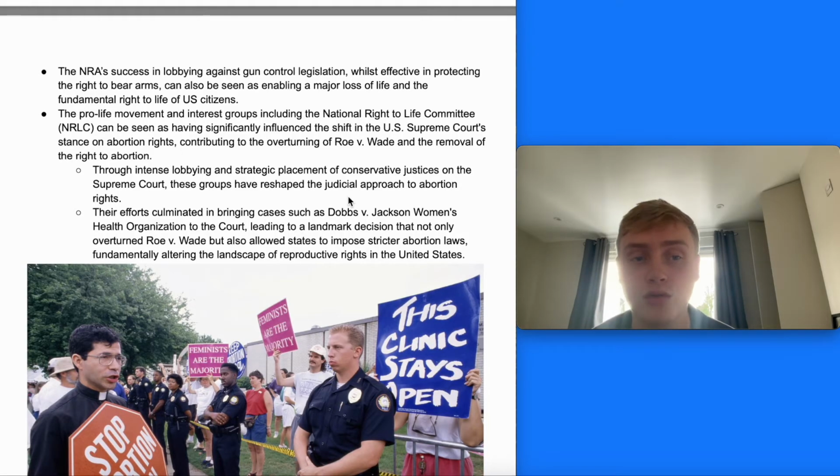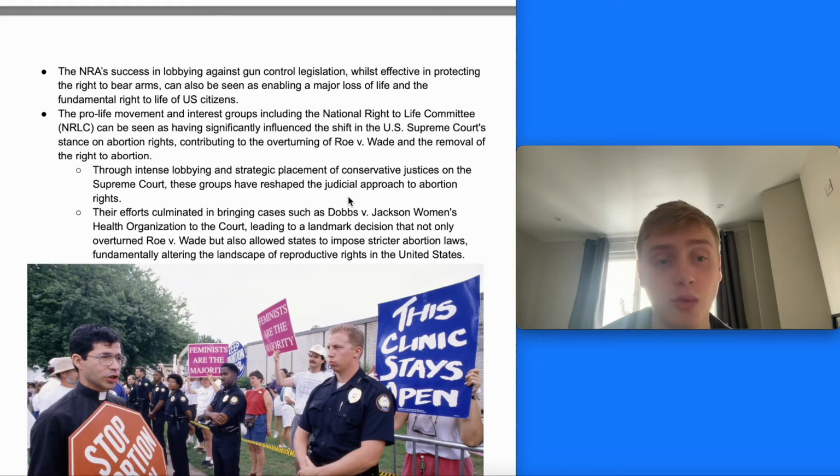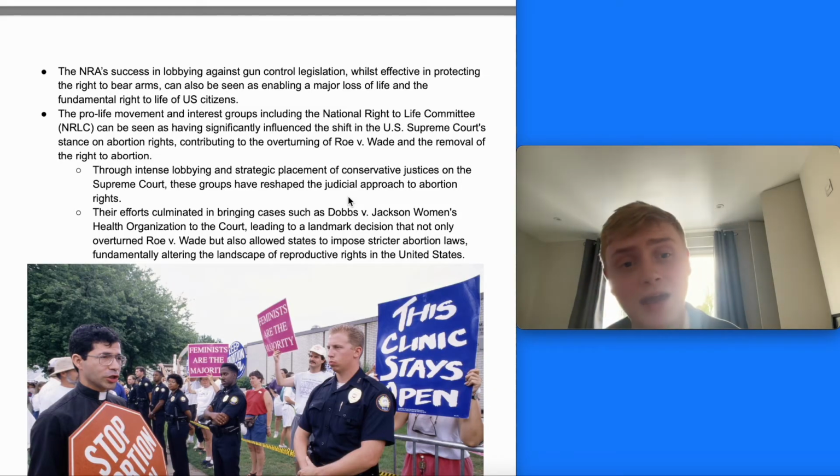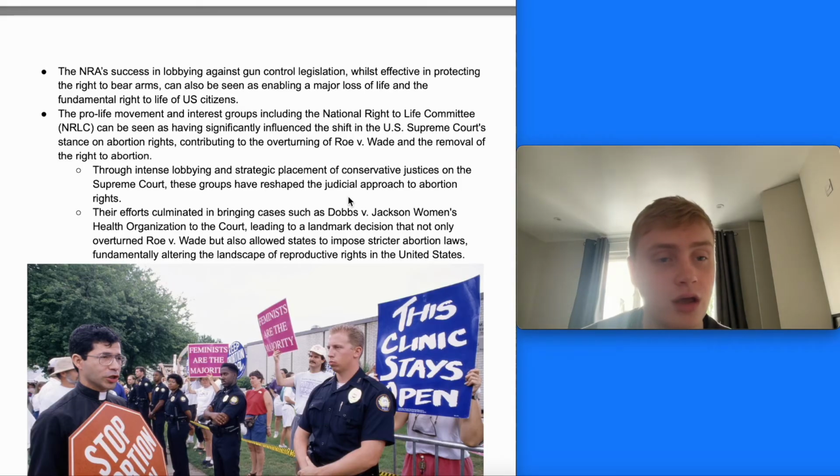Wade and the removal of the right to abortion. So whilst some interest groups can protect rights, they can also be seen as taking them away. Through intense lobbying and strategic placement of conservative justices on the Supreme Court, these groups have reshaped the judicial approach to abortion rights in Dobbs v. Jackson Women's Health Organisation, and they also helped to bring that case to the Supreme Court.